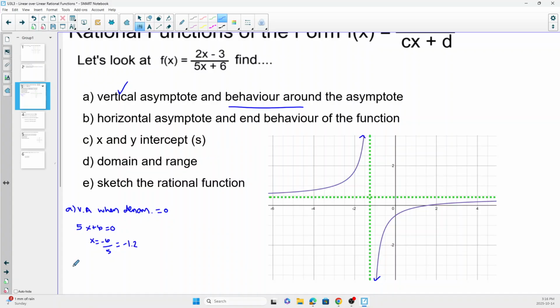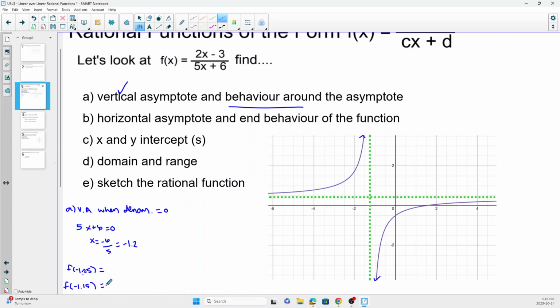It does require some substitution. What about f at -1.25 to the left, and something to the right, like -1.15.